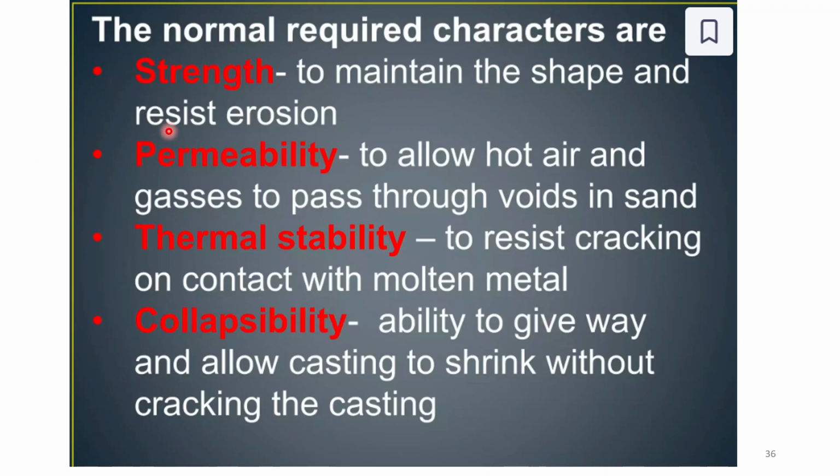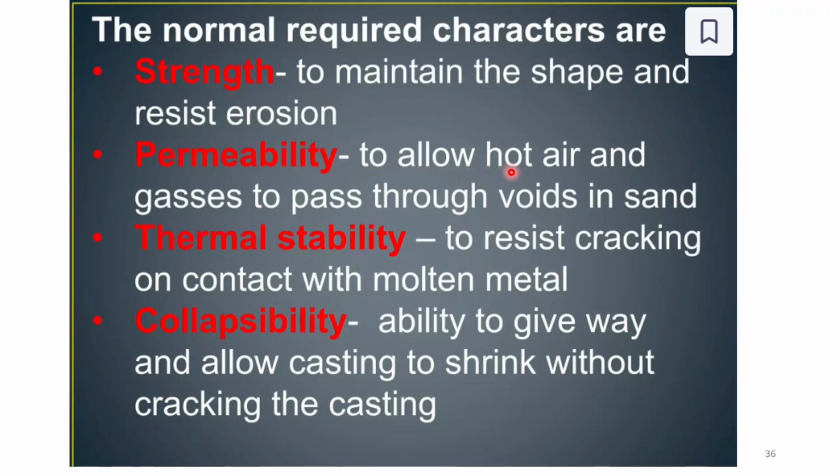Next, these are the characteristics that are required for the core sand. Your core sand should have high strength to maintain the shape and resist erosion. It should also have good permeability so that there aren't any pores forming inside your cavity.